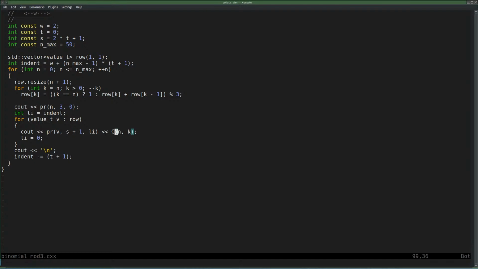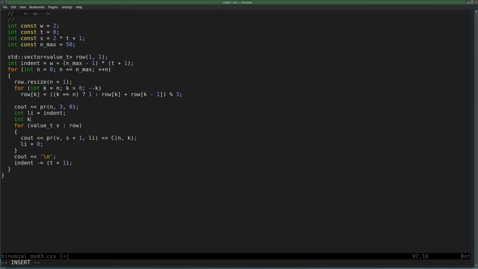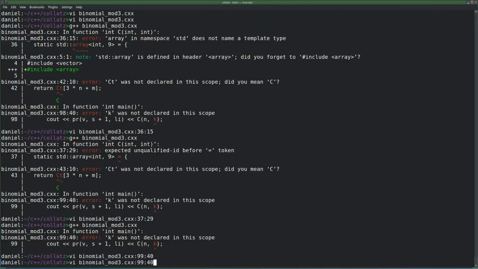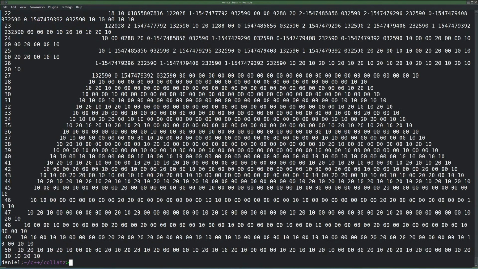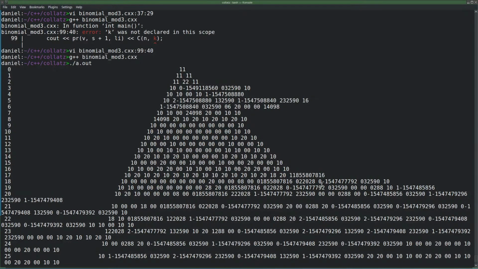Yeah, I don't have a k value while printing. Well, k runs from 0 till n. I'll just make a new k here. Nope, it's not working. Well, it's working at the top.